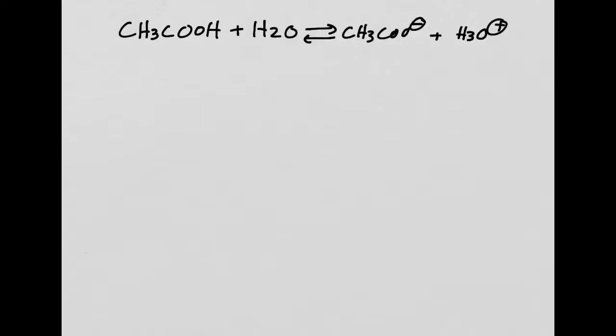Now, what are the common ions in this equation? So, ions have to have charges, right? So, this is my common ion, and this is also a common ion. So, these two would be considered common ions. Now, here I have two questions for you.